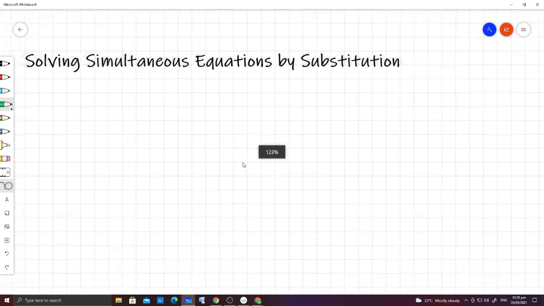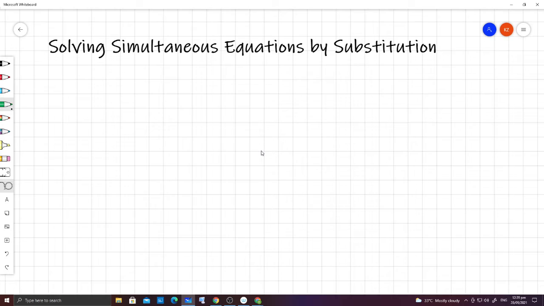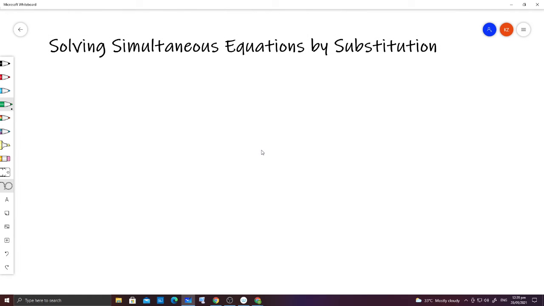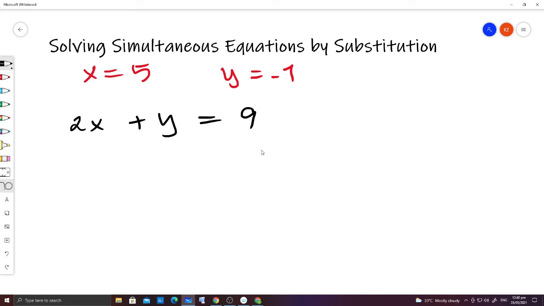This is our topic for today, solving simultaneous equations by substitution. So let's remember that our answer is x equals 5 and y is negative 1. So by the substitution method, we have 2x plus y equals 9 and x minus 2y equals 7. Let's see if we can have the same answer.